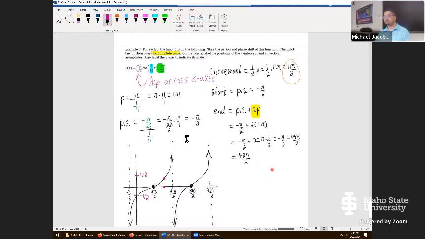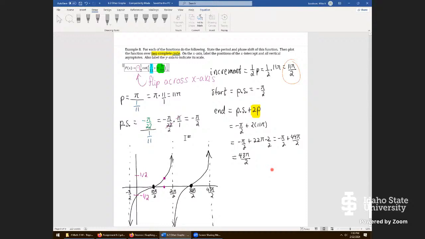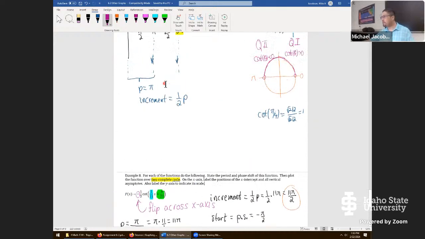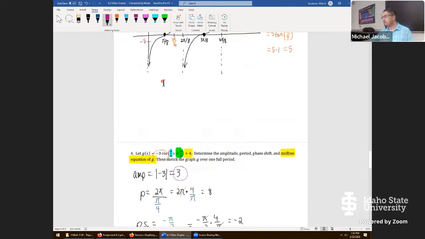Yeah, go ahead. So obviously with cotangent, if the number is negative, we flip it across the x-axis. Would it be the opposite with tangent then? If it was negative, we treat it as a cotangent. Would that mean it would be decreasing? That's exactly right. Absolutely. Let's take a look at our tangent on this one.